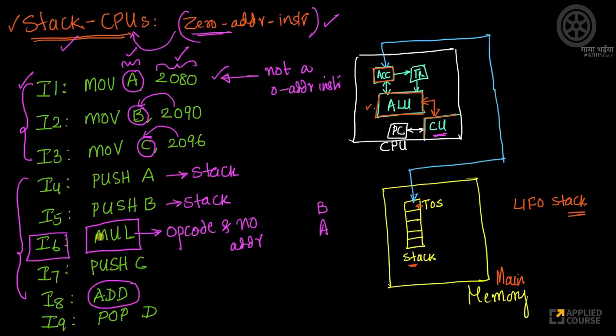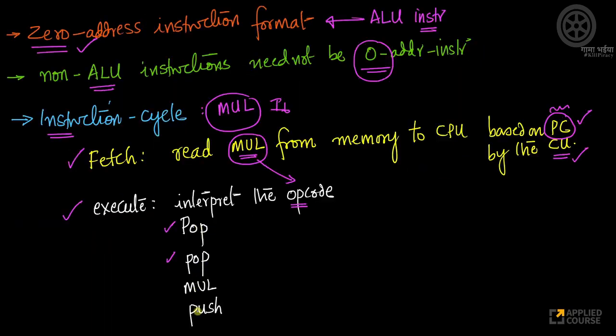Look at this, I'm not writing push or pop anything. As soon as I have an instruction called mul, internally these operations are executed. So interpreting the opcode as mul, which requires two operands and has to perform the multiplication operation, that's what the control unit understands.